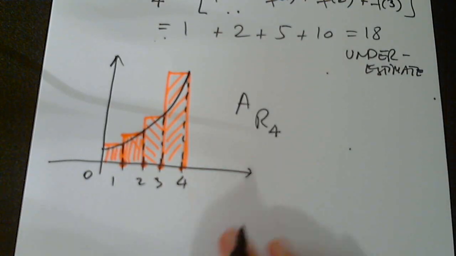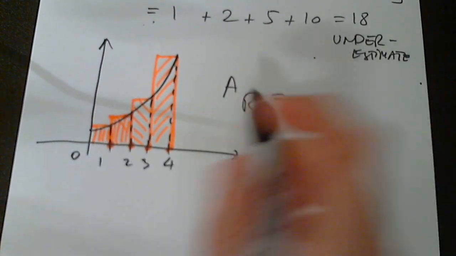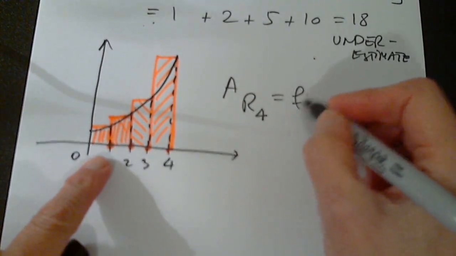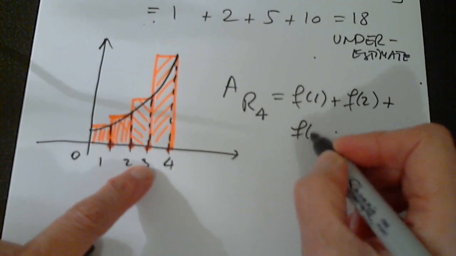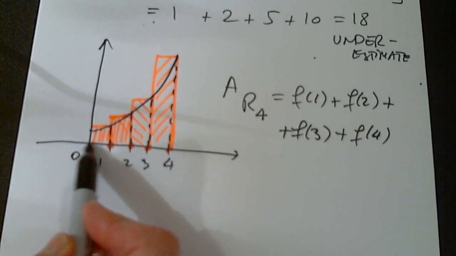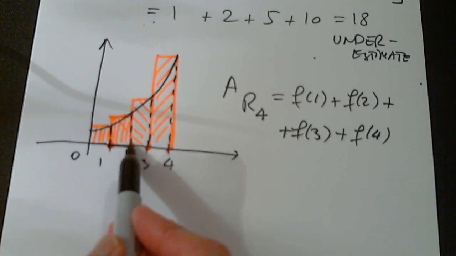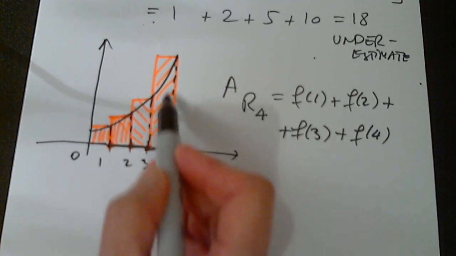How do I write it? Again, the same thing, 1 in front. But now I have f of 1 plus f of 2 plus f of 3 plus f of 4. Base times height plus base times height plus base times height plus base times height.